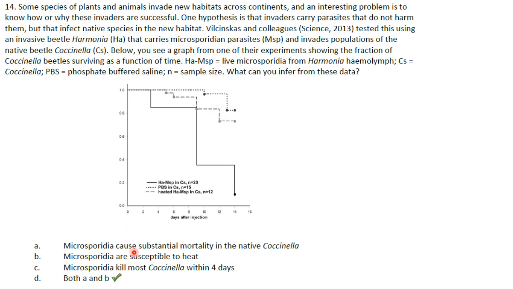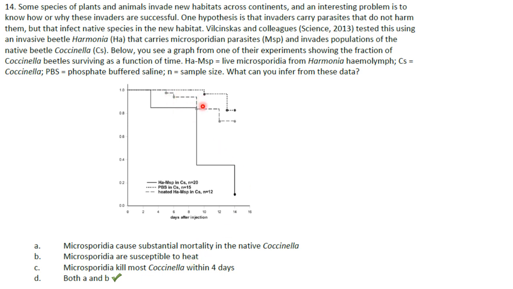Now, microsporidia cause substantial mortality in native Coccinella. That is correct, because from 100% it has decreased drastically to less than 10% over here. Microsporidia are susceptible to heat.